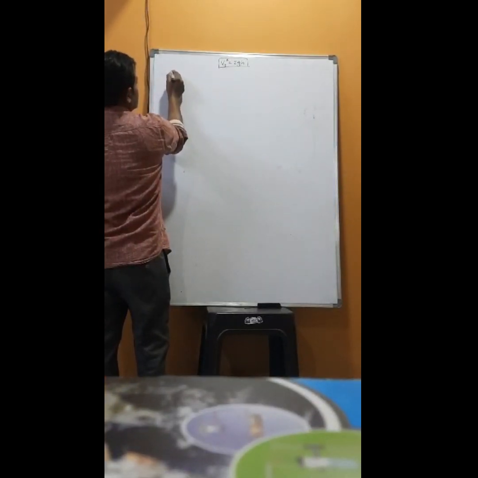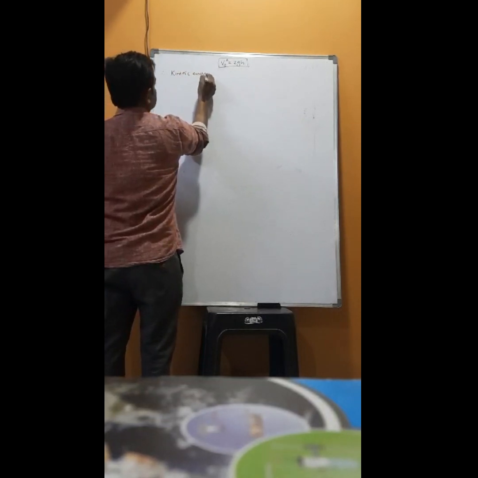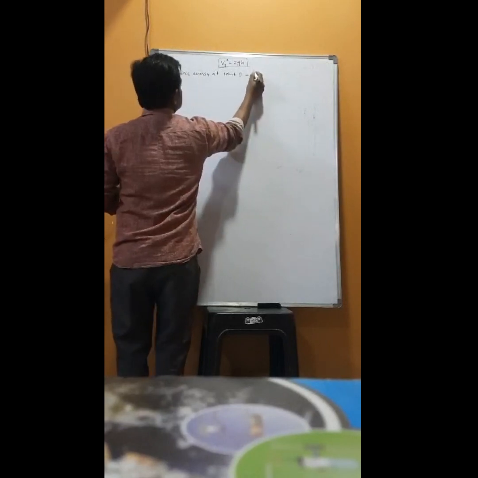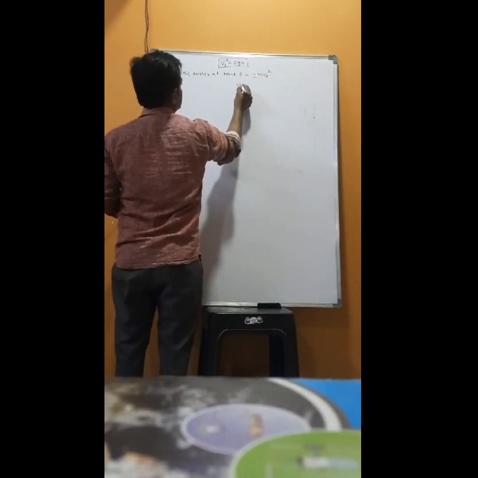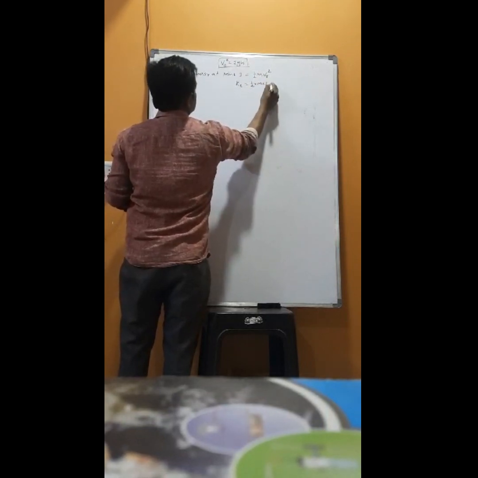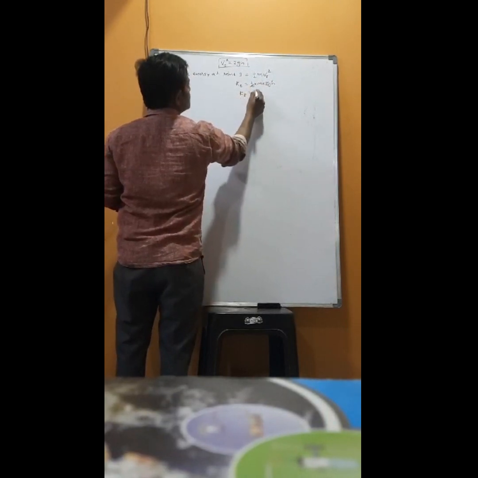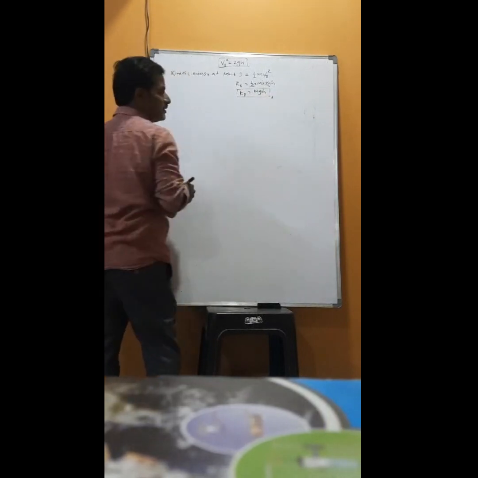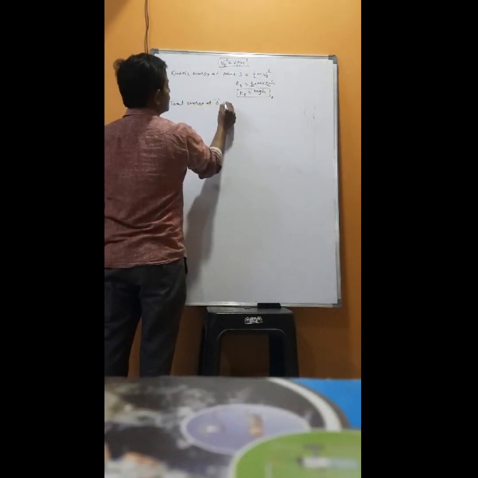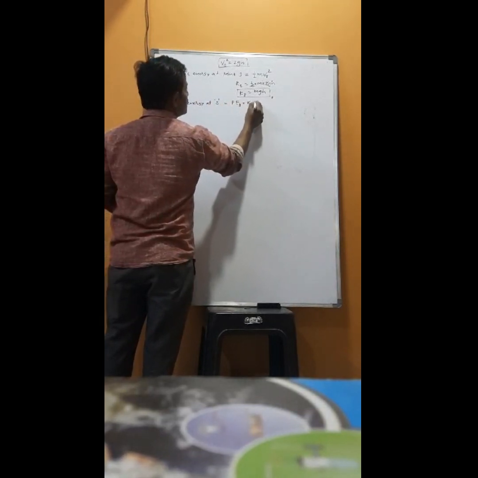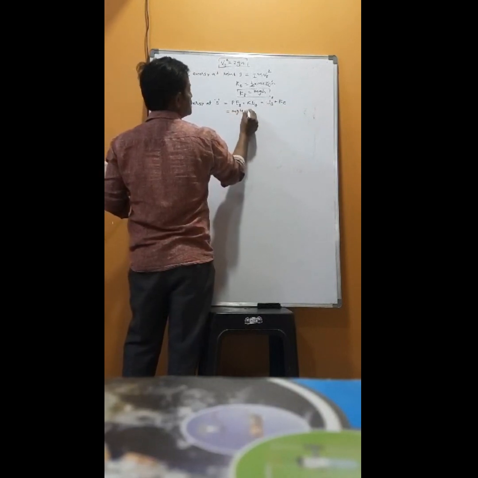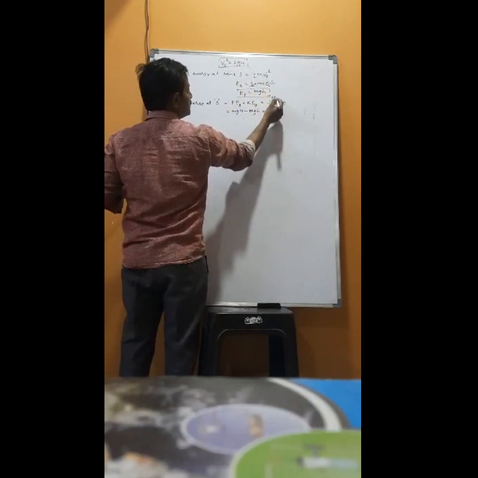Therefore, kinetic energy at point B is equal to half m VB squared, that is half into m into VB squared. Already we got 2gh, these two get cancelled. K at B is equal to mgh. Now total energy at B is equal to potential energy at B plus kinetic energy at B, that is U at B plus K at B. U at B we got mgH minus mgh, K at B we got mgh.